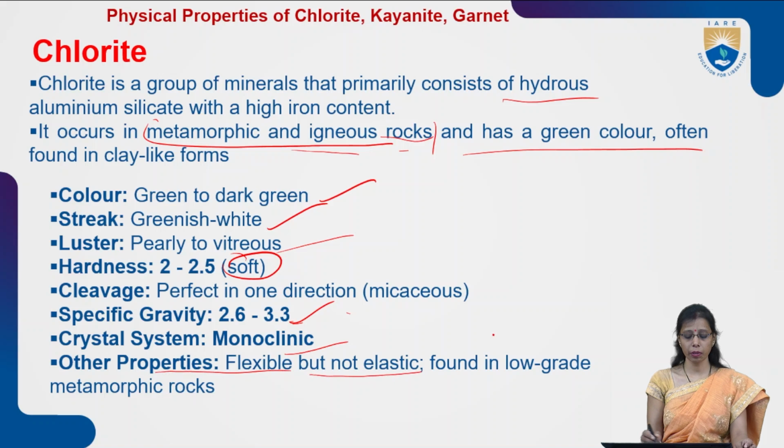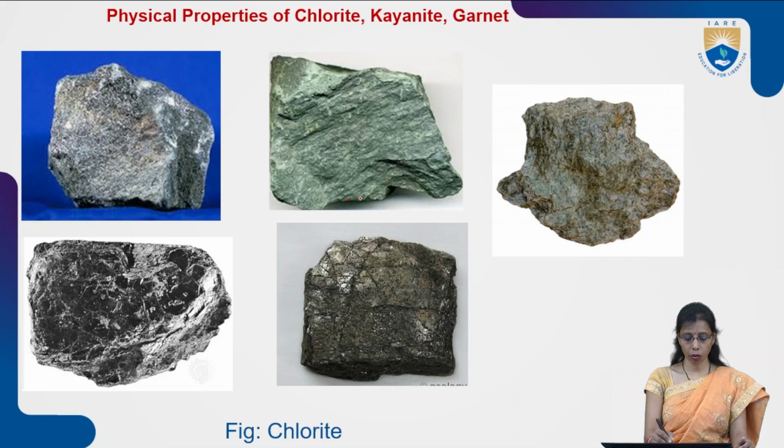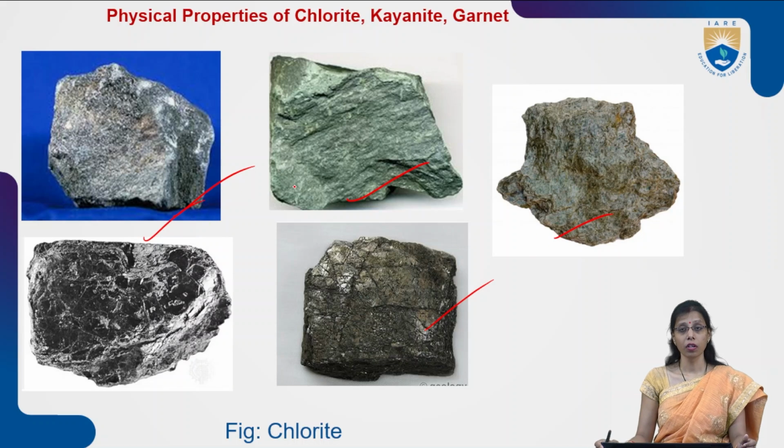Other properties: flexible but not elastic. It is found in low grade metamorphic rock. So this is how chlorite looks in a greenish kind of color. This is the mineral we talk about as chlorite.